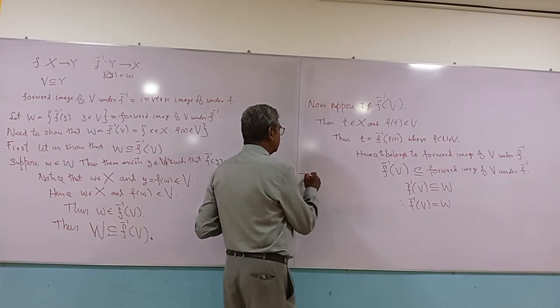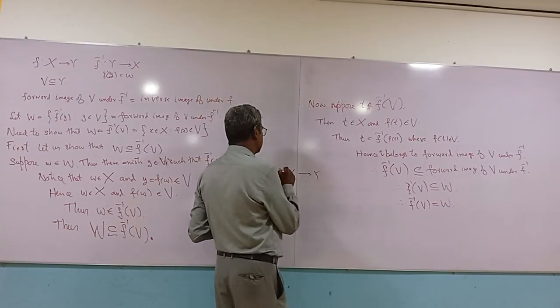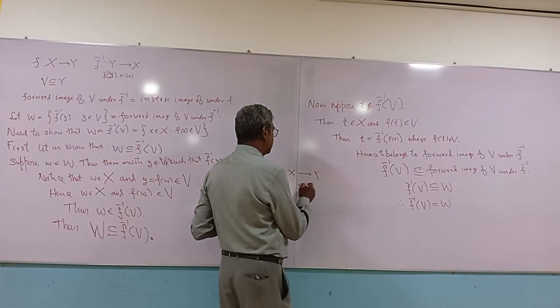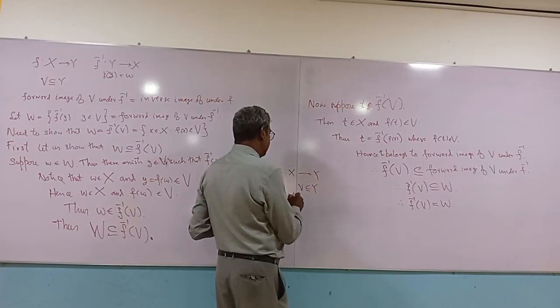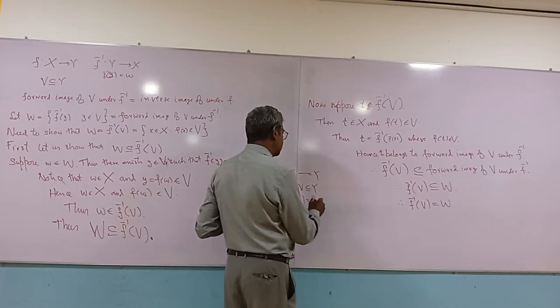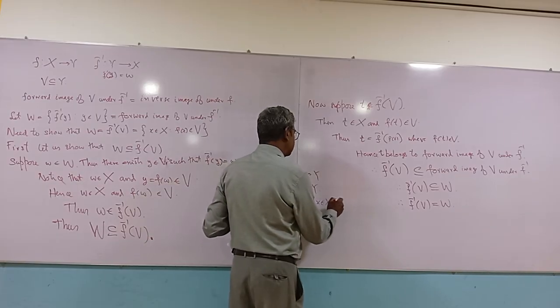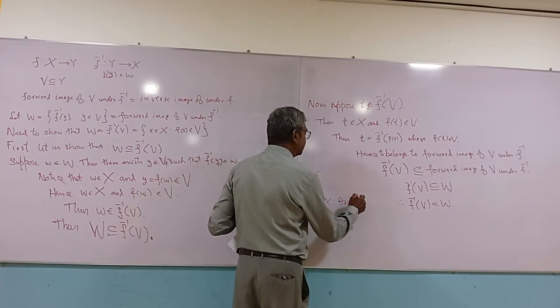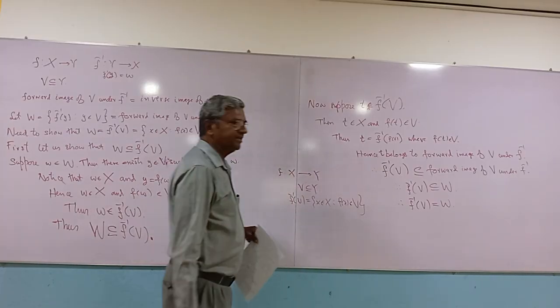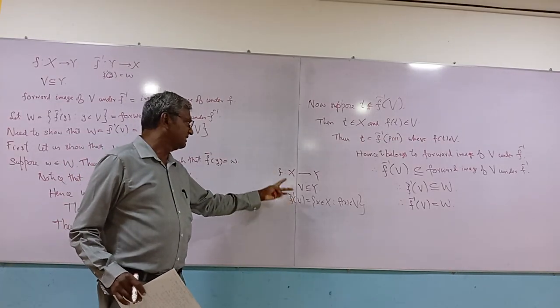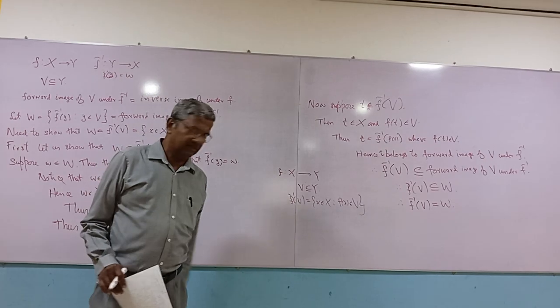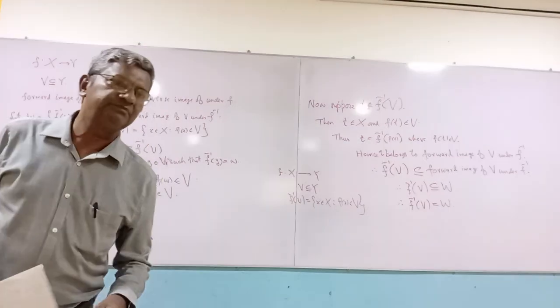You have f a function from x to y and v a subset of y. F inverse v is the set of all x belonging to x such that f x belongs to v. This is the definition, the pre-image of v under f. f doesn't have to be 1 to 1.